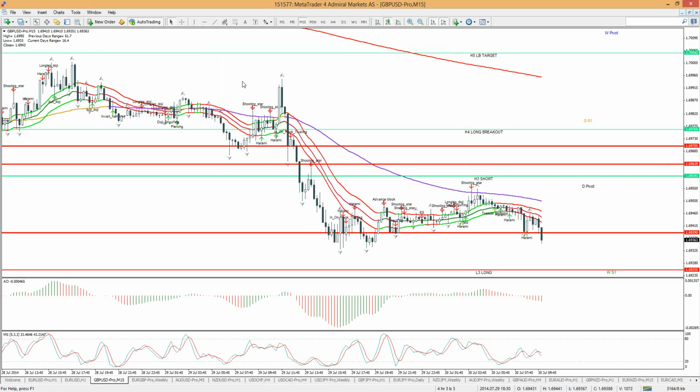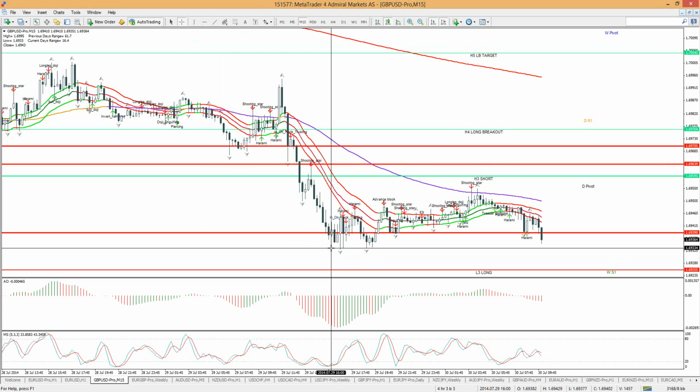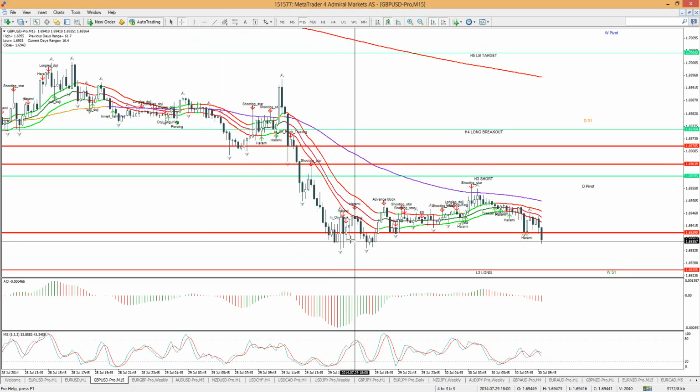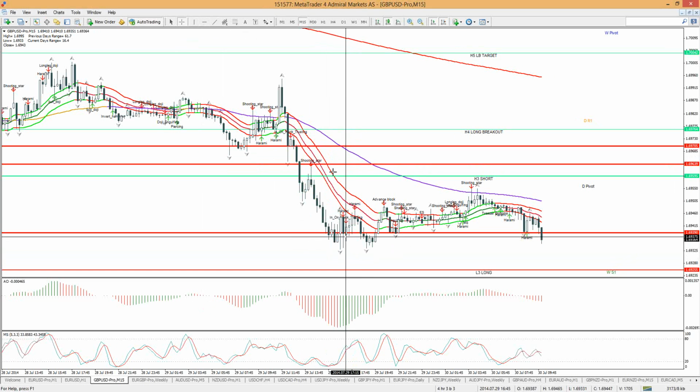Not a lot, but as I said, in this type of environment, each pip is worth probably more than outside of the summer. So you're not going to get a lot of follow through, and there wasn't a lot of follow through. 20 to 35-ish pips, not a lot, depending on where you exactly entered and exited.